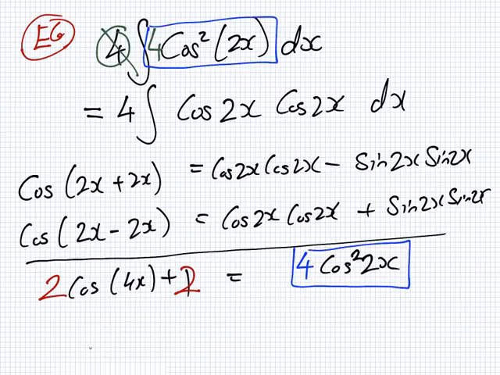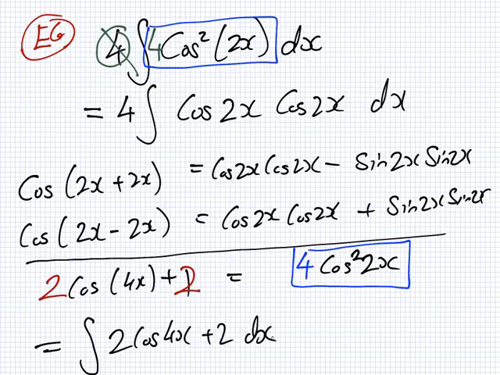So I can now say my original problem, instead of being this, is equal to integrate 2 cos 4x plus 2 dx, which is much easier to do because this was requiring the integration by parts formula because it's a product. But now I don't need any special formula, I just integrate regularly.